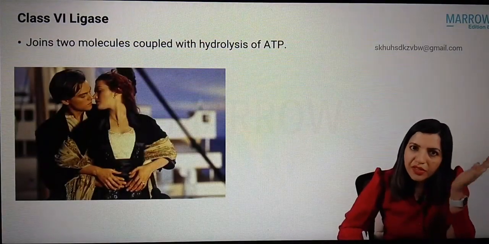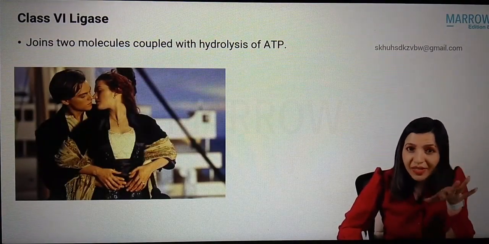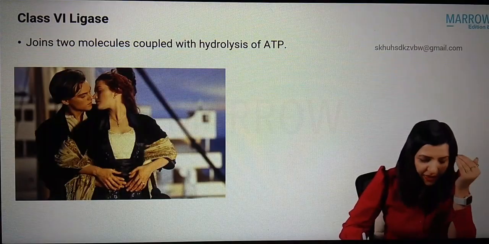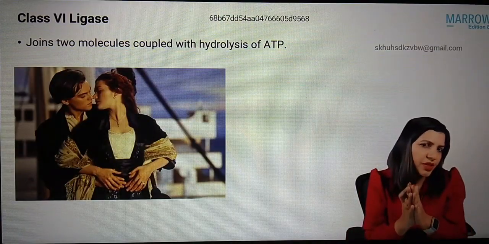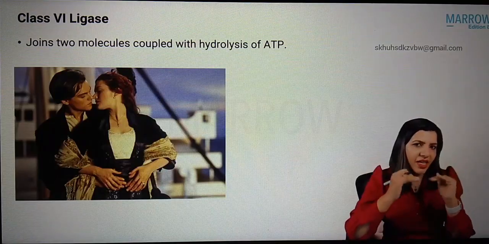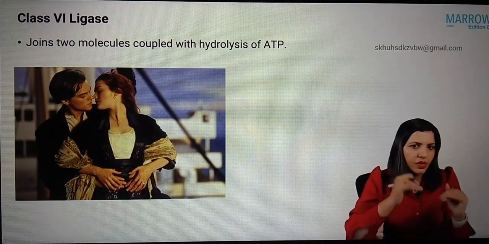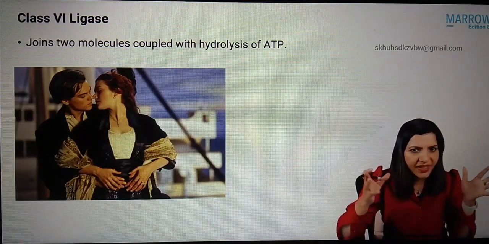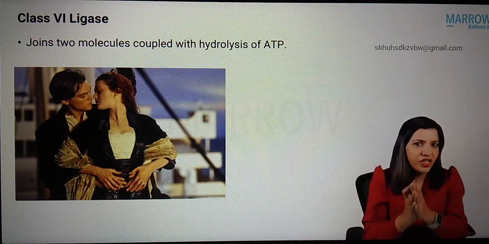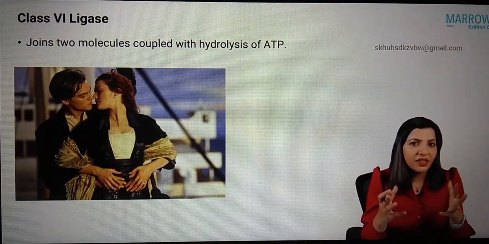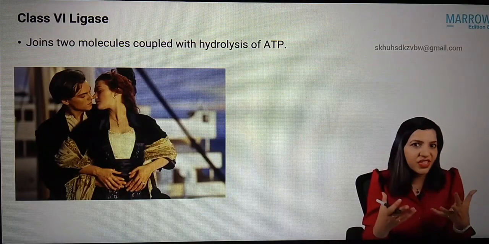Now we are going to the 6th class of enzyme, which are called ligases. Ligases, as the picture says, involve joining of two substrates, and in this movie it was like fighting against the odds. These two substrates are joining, so it requires lots of effort and energy, right?